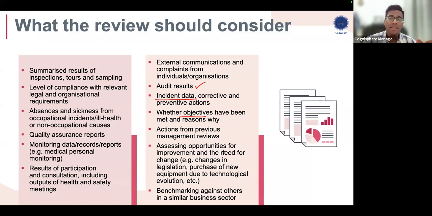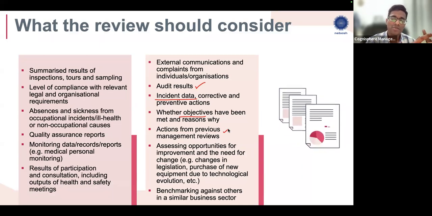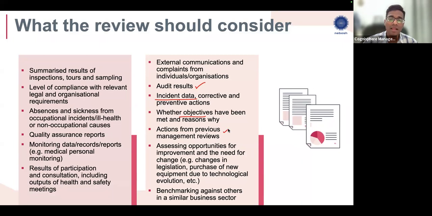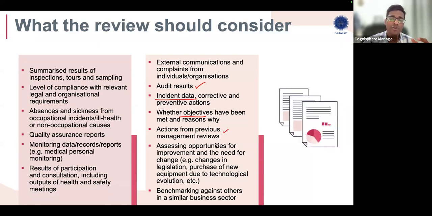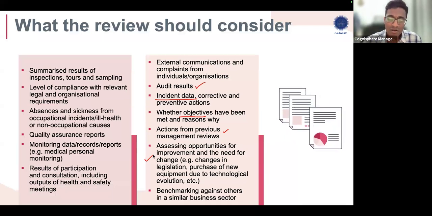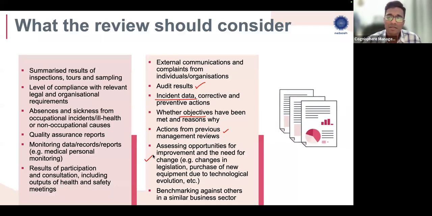And then actions from previous management reviews. In your previous management review, you may have set certain actions, so you would check whether those actions have been closed out. And then assessing opportunities for improvement and the need for change. You would assess what changes are likely to happen in the coming year.